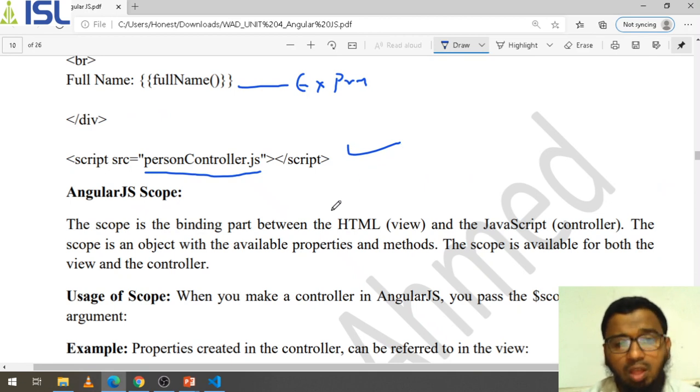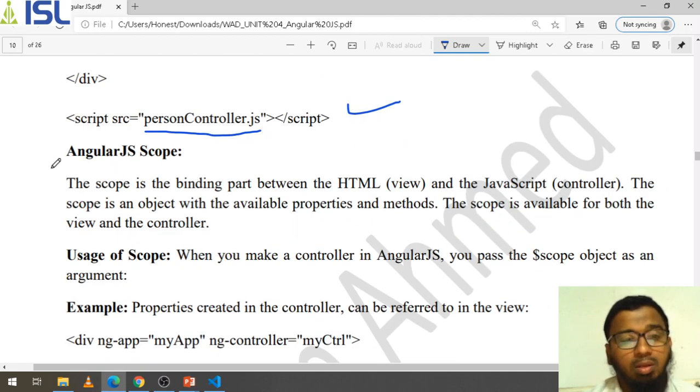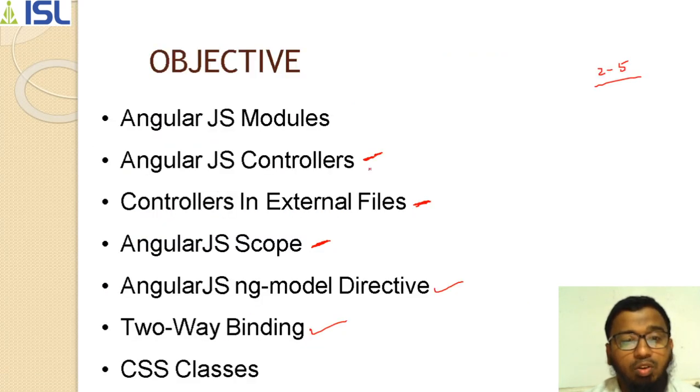Just give the link and it will get the data from there and perform the operation. Next topic is AngularJS Scope. So what topics have we done now? AngularJS Model, AngularJS Controller, controller in an external file. Now we are working on this.